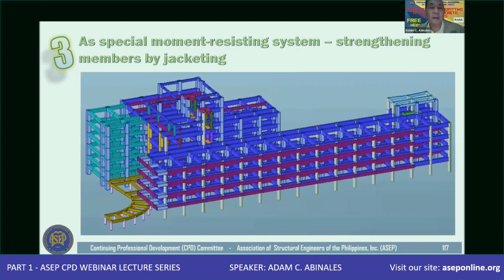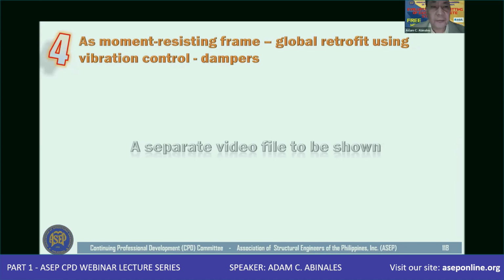And we came up with a 4th scheme. Although we are required only to do 3 schemes, but in presenting the 3 schemes, you have to present which among them would be advantageous to the client in terms of the cost.